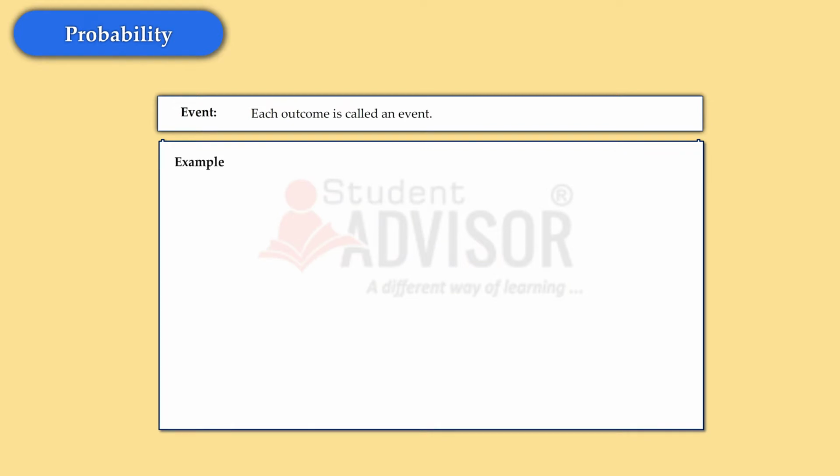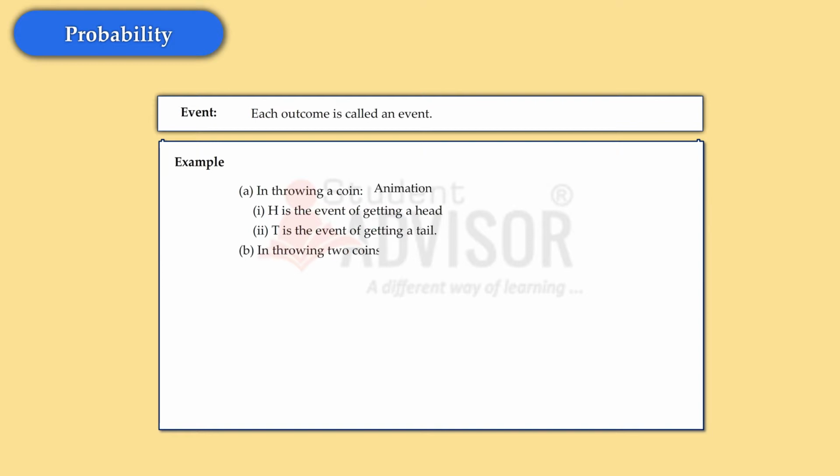Study the given example. A. In throwing a coin. 1. Head is the event of getting a head. 2. Tail is the event of getting a tail. B. In throwing two coins simultaneously. 1. Head-head is the event of getting head on each coin. 2.